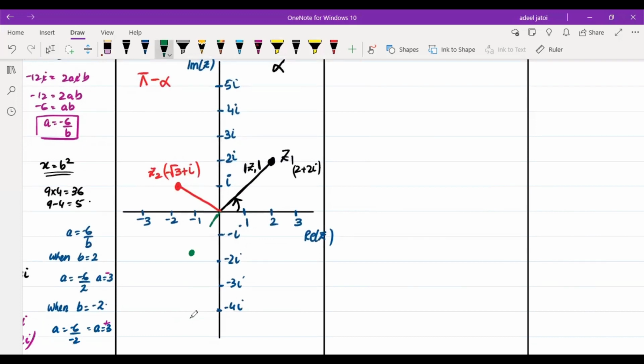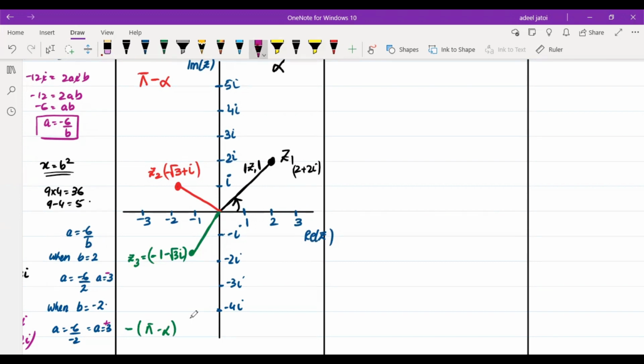So this becomes your Z3 line. This is your Z3, which means -1 and negative under root 3 iota. And this represents negative pi minus alpha because this goes clockwise, unlike the second quadrant. Overall, this is your third quadrant.